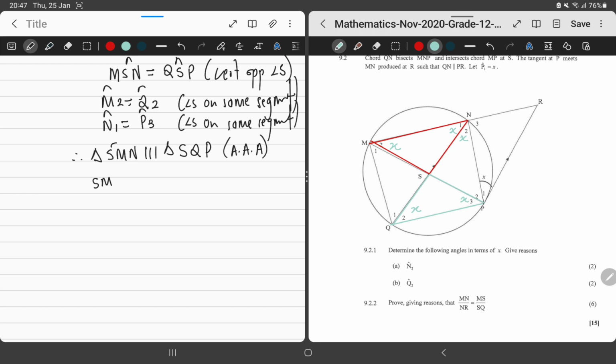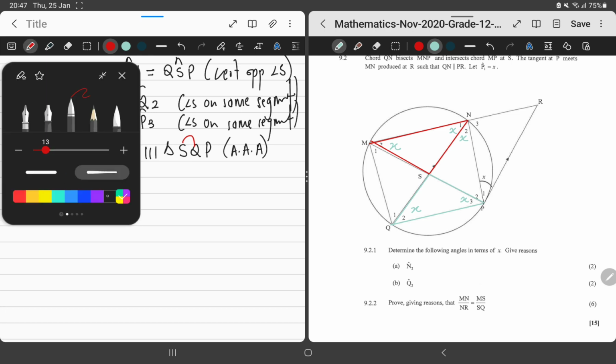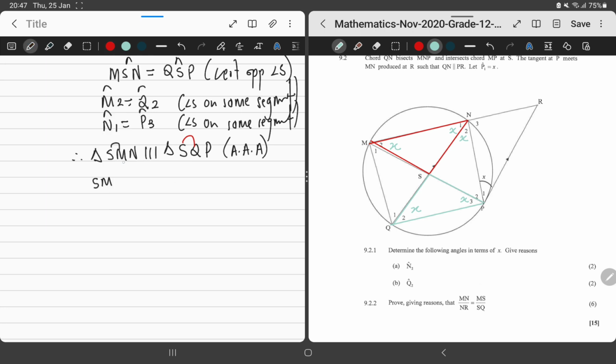And now we're just going to do a ratio. So we say SM over SQ, and then MN all over QP. So SM over SQ should be equal to MN over QP.